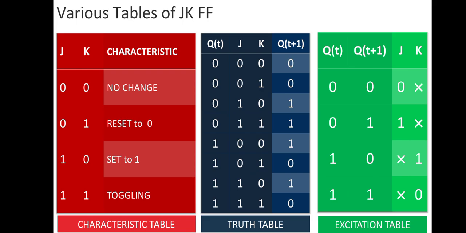But this toggling is desirable, and we can design some important kinds of systems using this toggling phenomenon, and that can be achieved with edge triggering, when we are using a JK flip-flop with edge triggering. So whenever we talk about the JK flip-flop, in general we mean the edge triggered JK flip-flop.